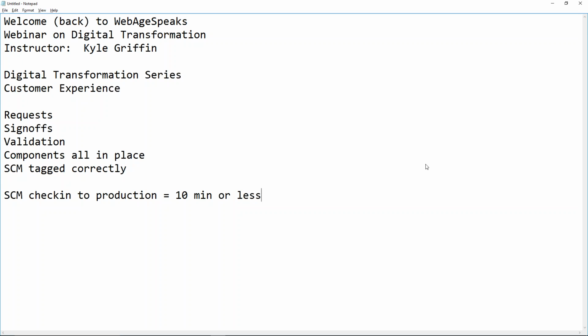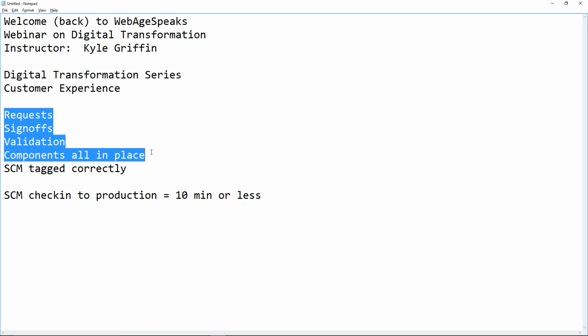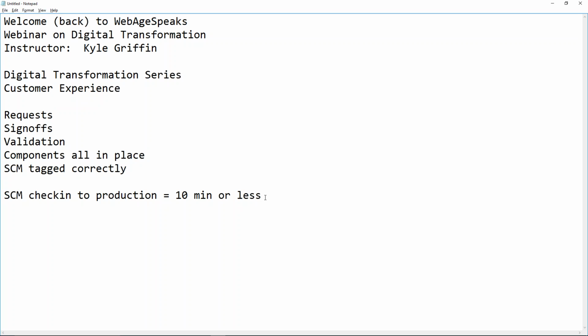And so the historical approach, where I make a request, I get a sign-off, I get validations, I check that all the components are in place, and that the source code is tagged appropriately in our SCM system, is no longer a possible way of solving the problem.